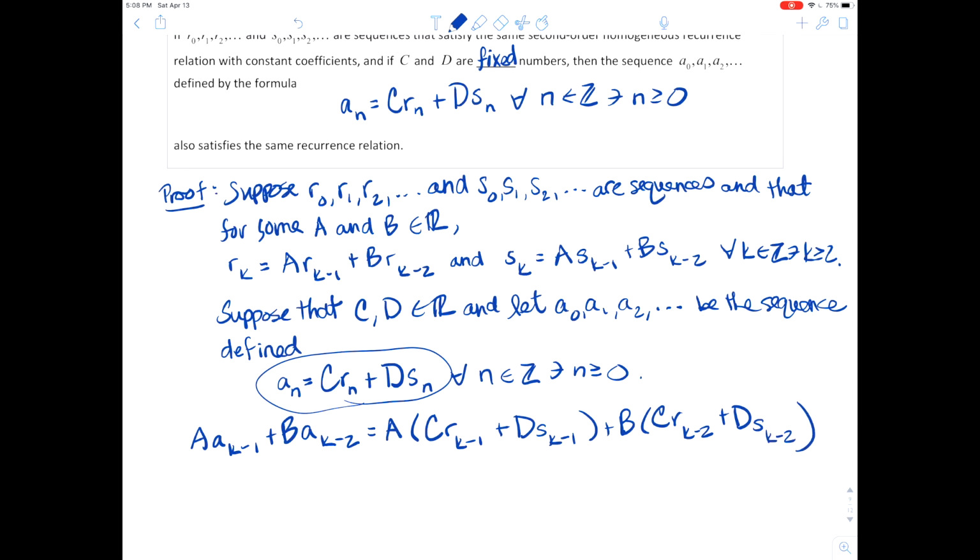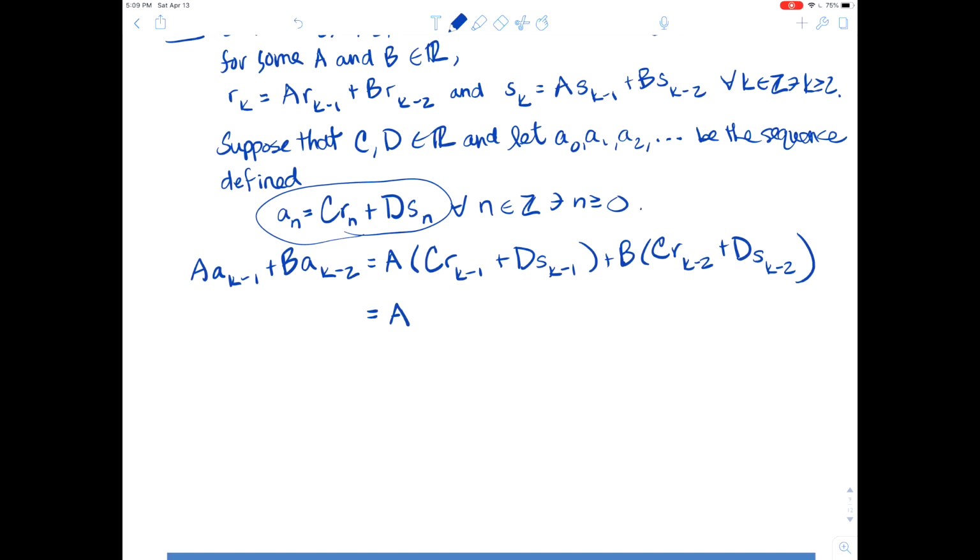Good so far? So now if we multiply, we'll have A times C times R sub k minus 1 plus A times D times S sub k minus 1 plus B times C times R sub k minus 2 plus B times D times S sub k minus 2.